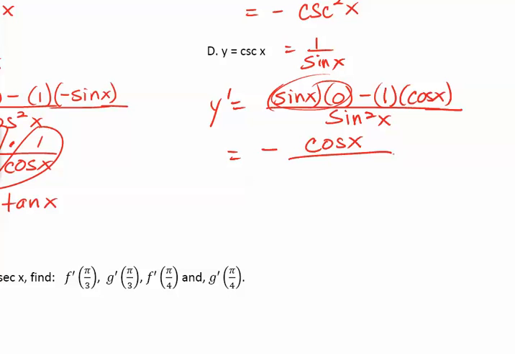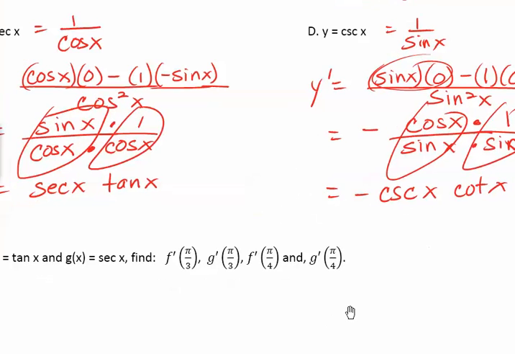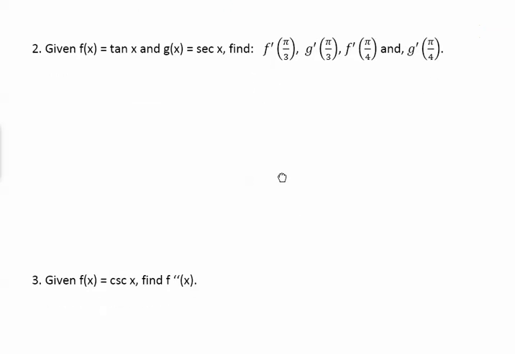And again, if I do the same trick here, splitting up this denominator into sine of x times sine of x, so we see our cosecant and our cotangent. So in either order, there's no special reason why I wrote them in this order. It would be commutative, either order.